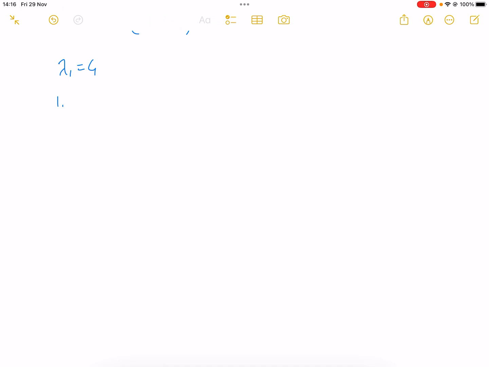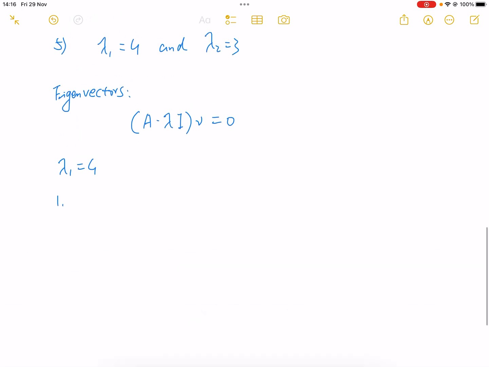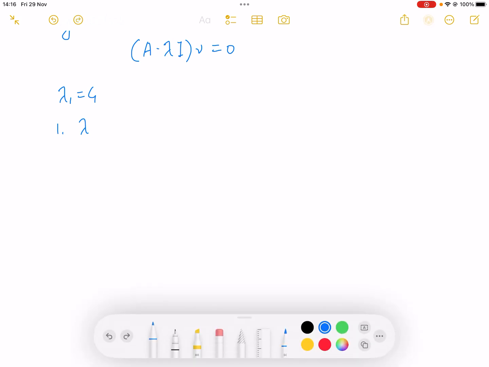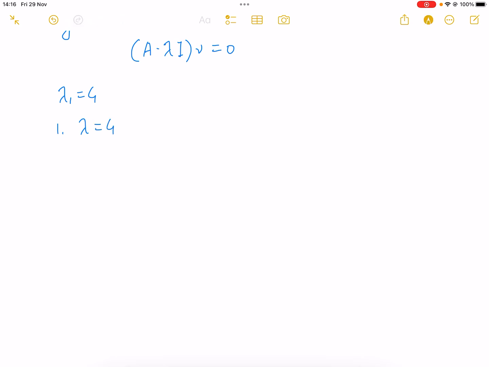We now substitute lambda equals 4 into A minus lambda times I. A minus 4I equals 4 minus 4, 1, 0, and 3 minus 4, which equals 0, 1, 0, negative 1.